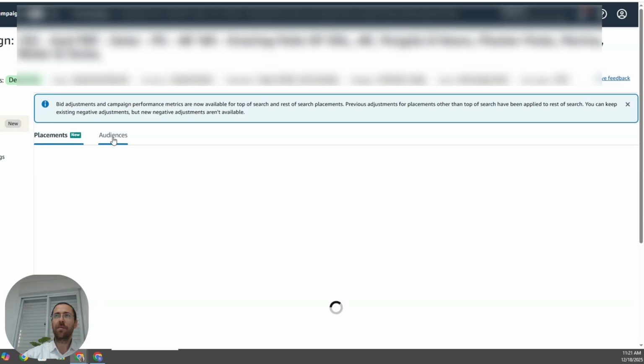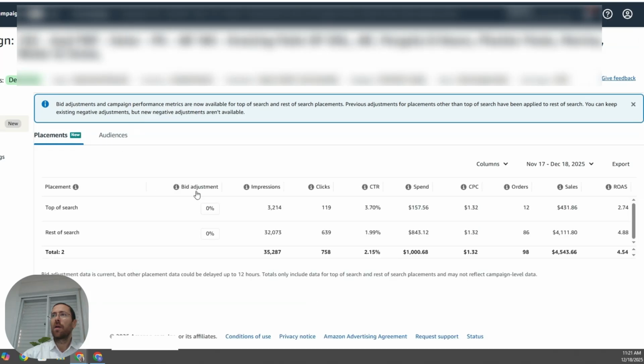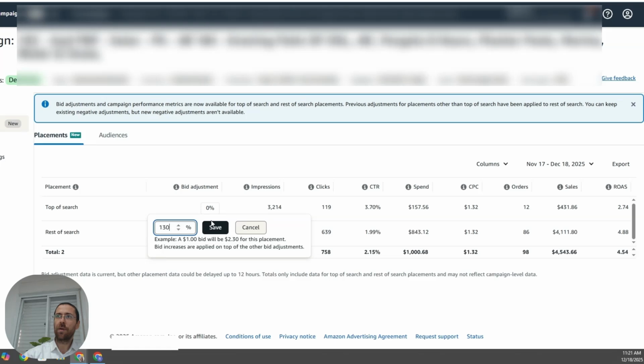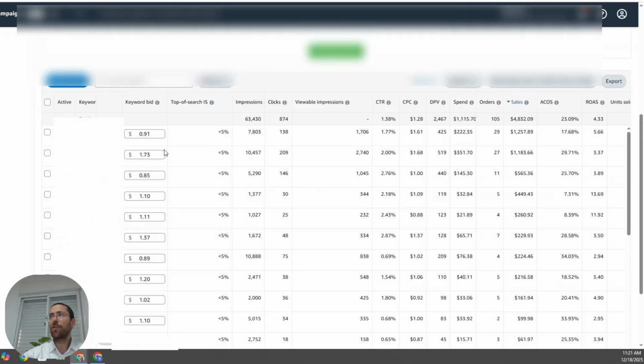I need to click placements because by default it goes to audiences. And what I need to do now is raise this by 130%. Now I'm not done. Obviously I need to go back and adjust my other keyword bids in the same way.